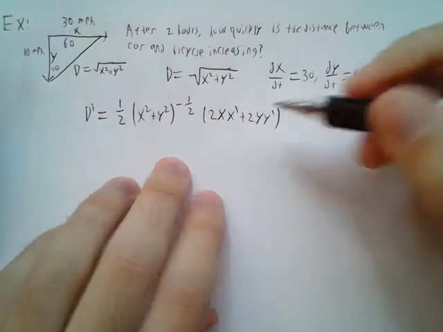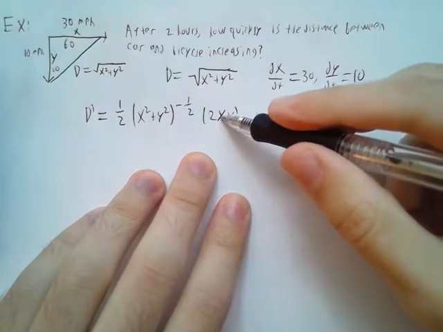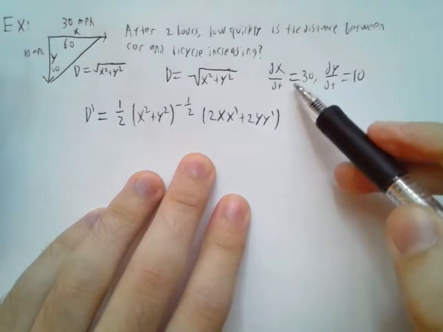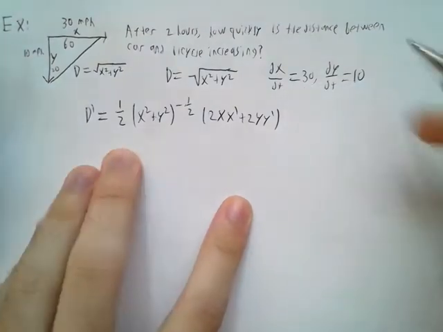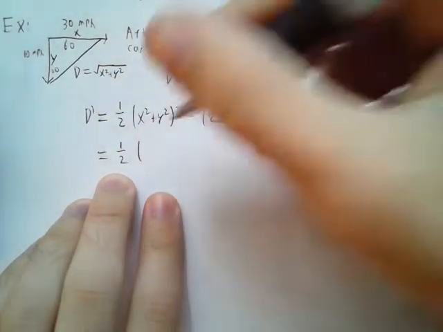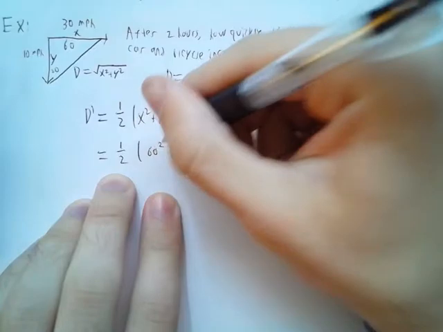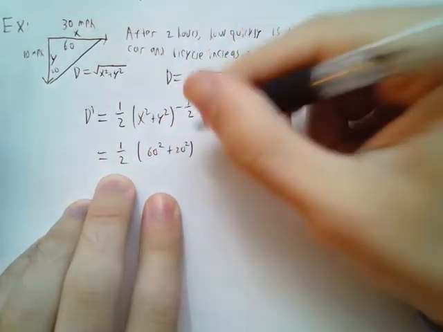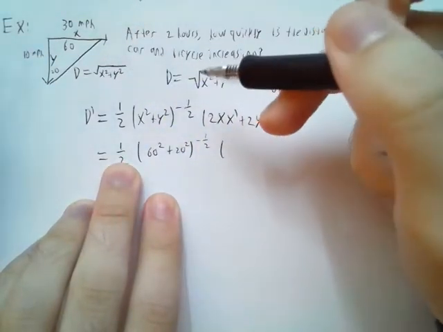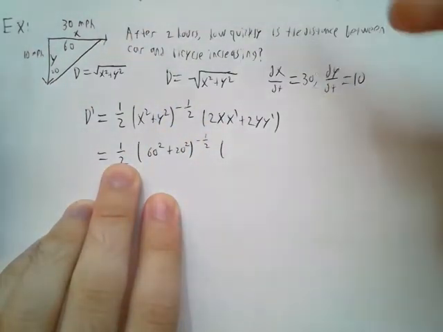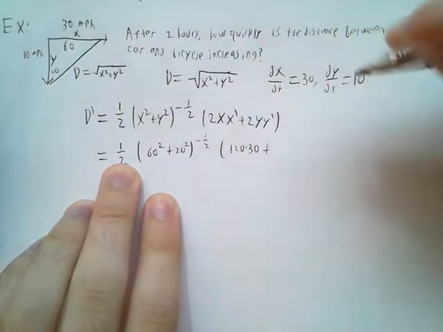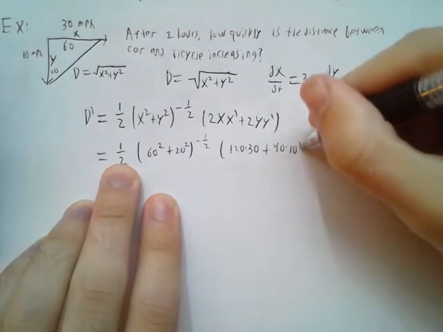So we know that x is equal to 60, y is equal to 20, and we've already set up here x prime is equal to 30, y prime is equal to 10. So we can just plug in all this information. So we'll have 1/2 times (60 squared plus 20 squared) to the negative 1/2 times 2 times 60, which is 120, times 30, plus 2 times 20, which is 40, times 10. So we can simplify this a bit.